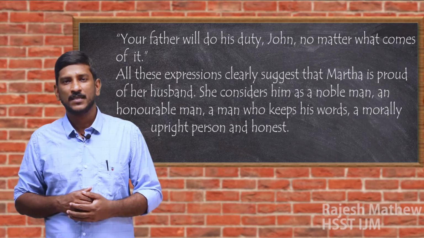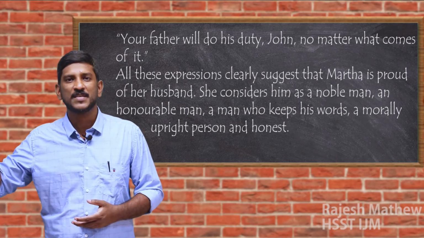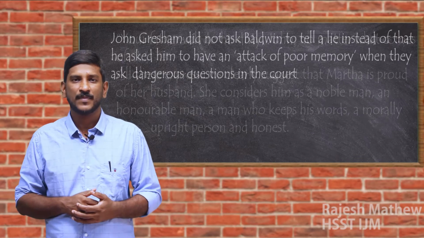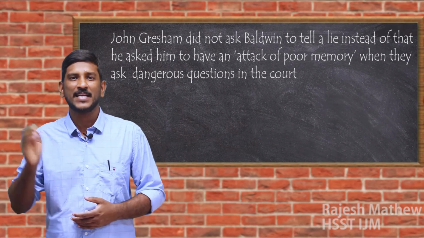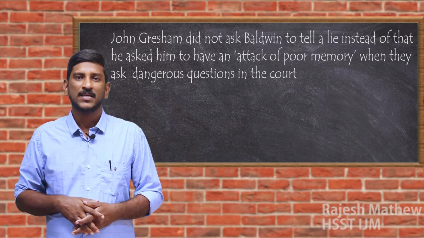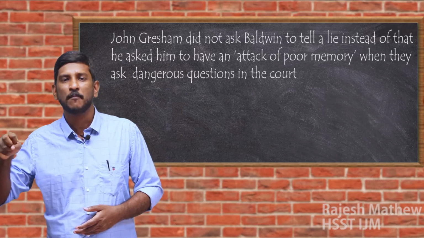He wanted Mr. Baldwin to tell a lie in favor of Mr. Gresham in the court. But Robert Baldwin says he did not even ask for that. He did not even ask him to tell a lie in the court. Instead of that, he wanted him to have an attack of poor memory.